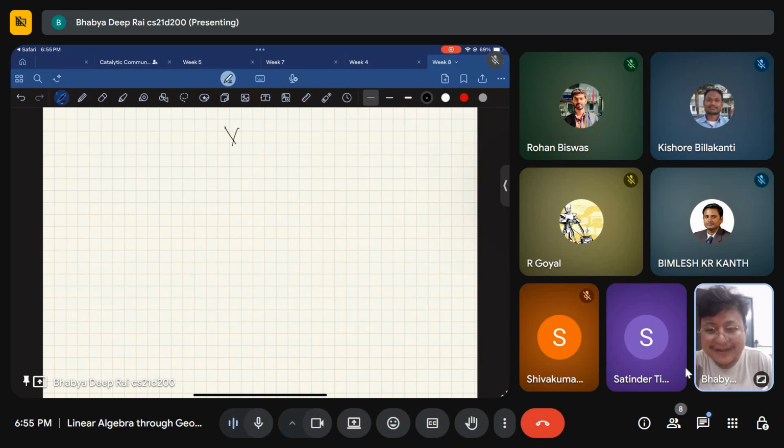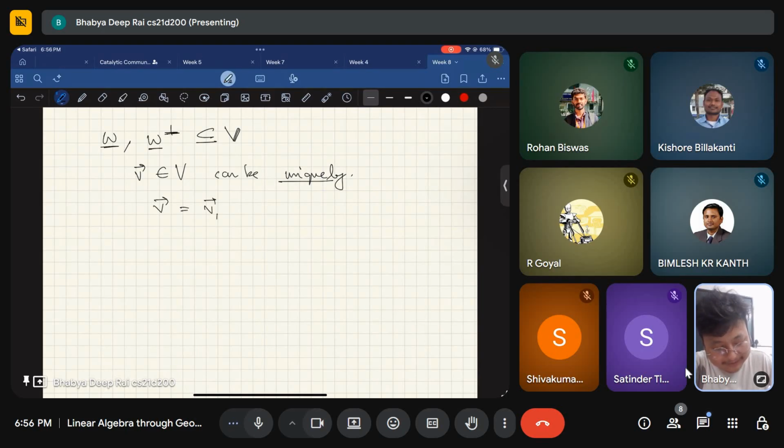So I have a vector space V, and I have W and W perp, and they are both contained in V. Now, what Satinder is saying, which is a very good point. Since I know that any vector in V, and these two are orthogonal complements, by the way, can be uniquely represented as V equals V1 plus V2 such that V1 is in W, V2 is in W perp.